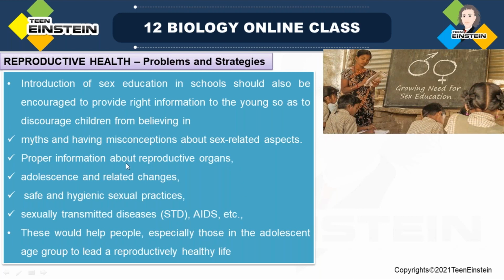Then, myths and misconceptions about sex-related aspects. So the introduction of sex education in schools should also be encouraged to provide the right information to the young generation, so they can discourage children from believing in myths and having misconceptions about sex-related aspects.